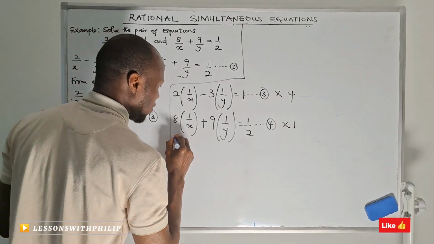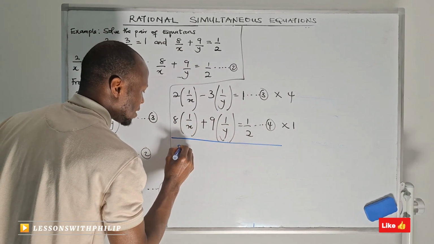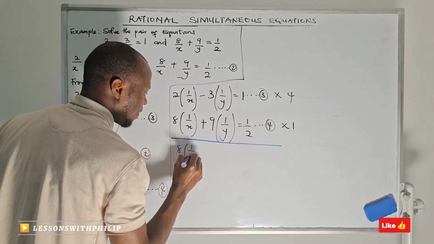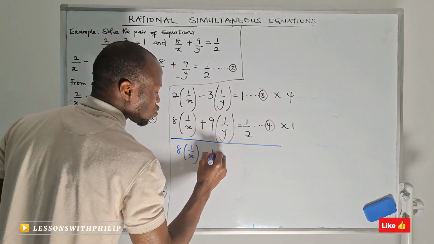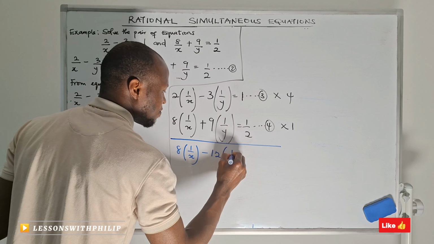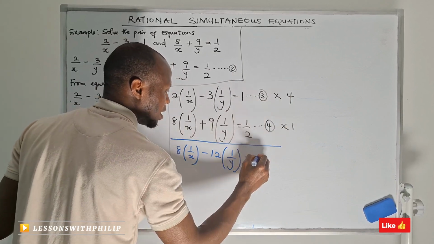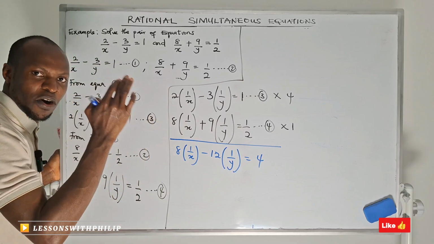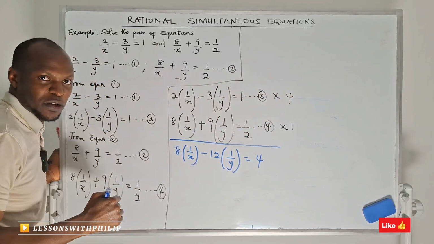So if you multiply that one by 4, we have 4 times 2, we have 8 into bracket 1 over x. 4 times minus 3 will give us minus 12 into bracket 1 over y equals to 4 times 1 equals to 4. I have said each of the terms must be multiplied by the factor you are using.